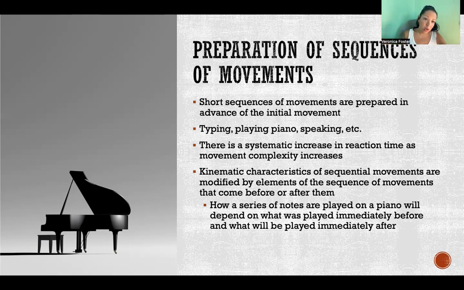But depending on what you played right before that and what you're planning to play right after that, you might play it with the other hand entirely or with different fingers. There are all sorts of ways that we might complete the same exact action, but maybe not even with the same limb, depending on what came before and what is coming up after.